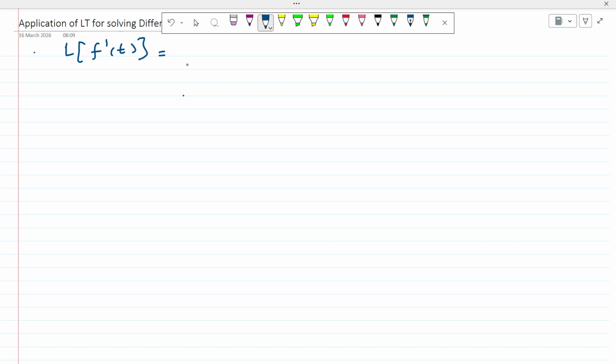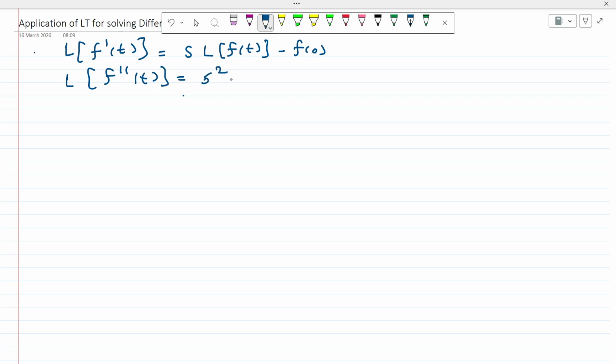You know, L of f dash of t equal to s into L of f of t minus f of 0. That is what we derived when we were discussing the properties of Laplace transform.